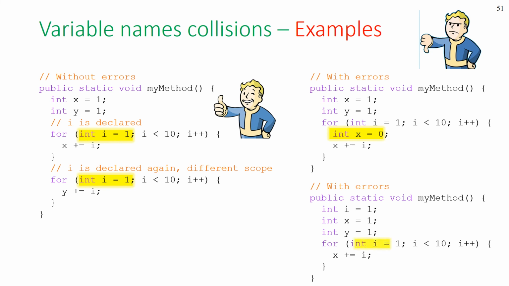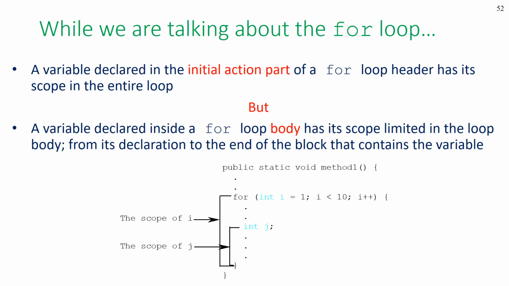Same thing here, okay? Except that here I declared the int x inside the body of the loop. And here I declare the int i using that special for syntax, which gives the same result, right? i is accessible for the body of that for loop, but I already had i here. In both of those cases, Java is not going to let you get away with it.